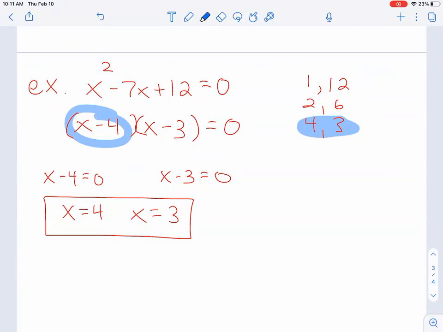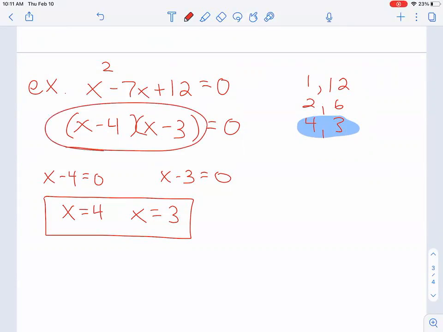And so if I plug a 4 into there, it works. It makes it equal to 0. Same as if I plug 3 into here. 3 minus 3 is 0. And so the 3 minus 4 on the left side, -1 times 0 is going to be 0. So it works.